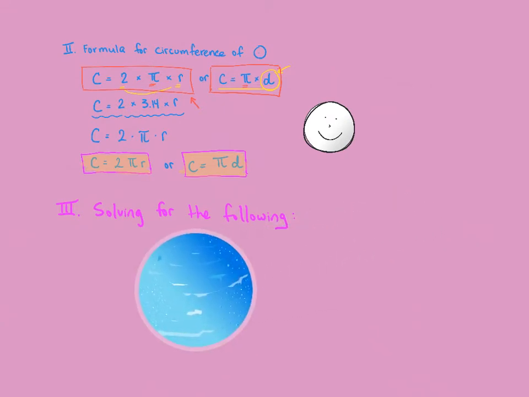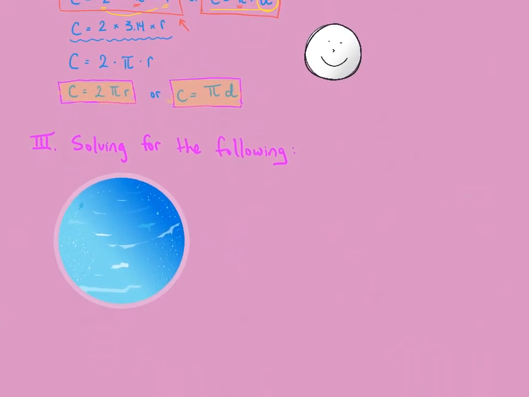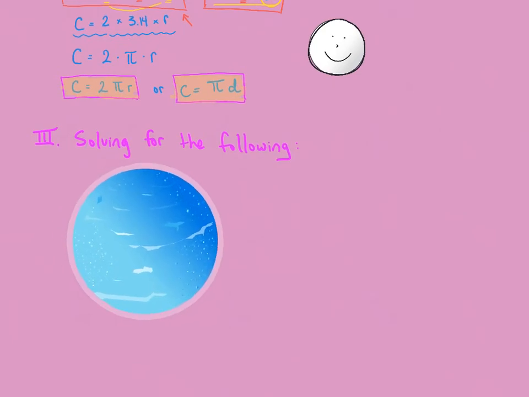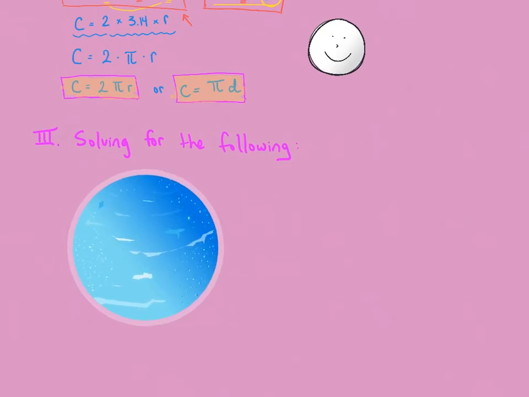Let's say that it has a diameter. Let's say that this is a center point. The diameter is d equals 2 meters.